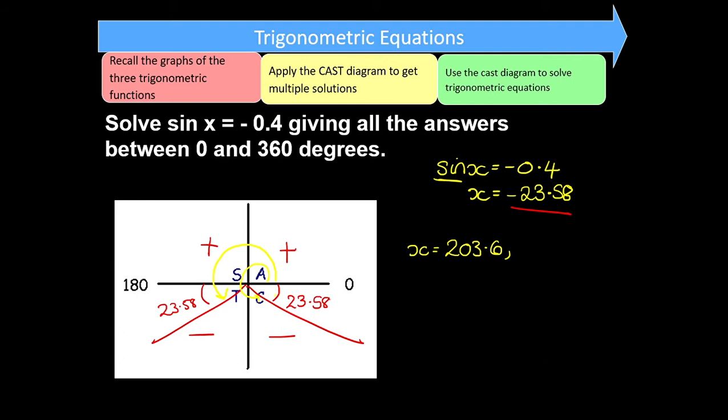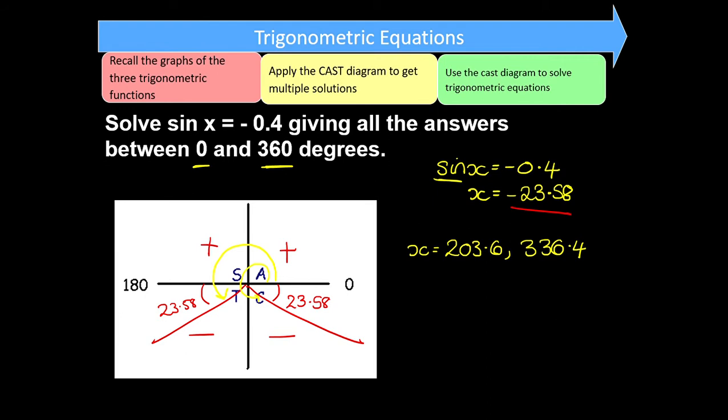Well, if I turn all the way, that's 360. Then I can take away my 23.58. Now on my calculator, that says 336.42, but I'm now giving my answer as 336.4. Notice the answer I got from my calculator is actually not one of my answers, because I only want answers between 0 and 360, and that one was outside my limits.